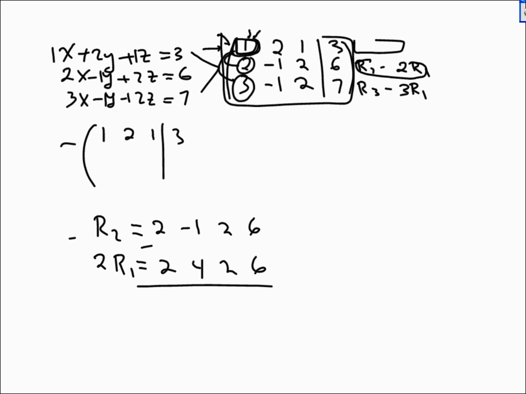And I subtract. I get 0, negative 5, 0, 0. Probably would have been better if I did 2 row 1s minus row 2. That means all these signs would be different. That is, it would be 0, 5, 0, 0. When you negate 0, you still get 0.